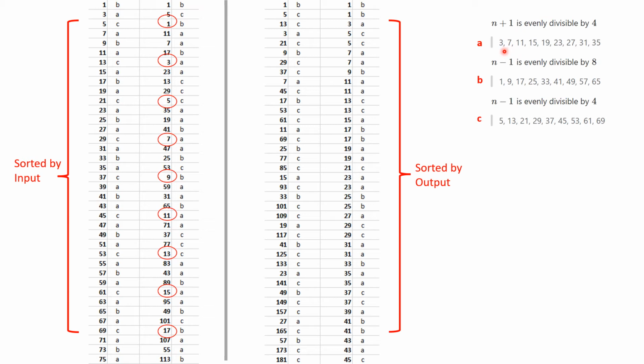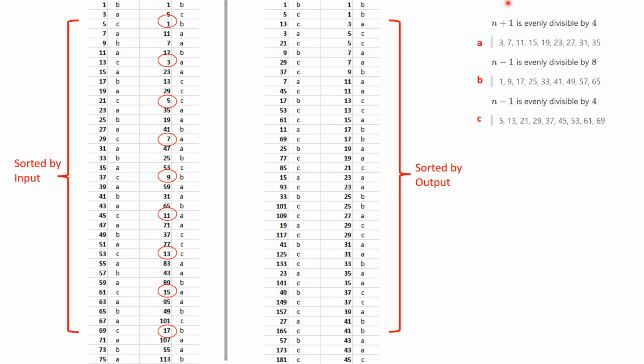A is 3, and then every number that follows with an interval of 4 is also congruent A. B begins with 1, and every number that's 8 apart has the congruence B, and C is 5, and every following number 8 apart.